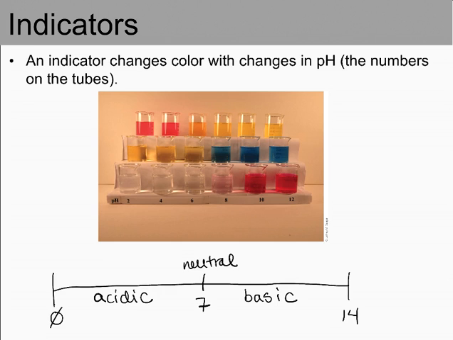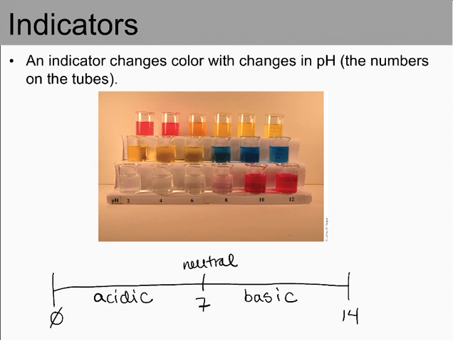Now, some of these ions can cause water to be a little acidic or a little basic. It just depends on the concentration of those ions. So if you measure the pH of water, sometimes it's a little below 7 or a little above 7, but that's okay. It's generally neutral. So there is some wiggle room with these definitions.